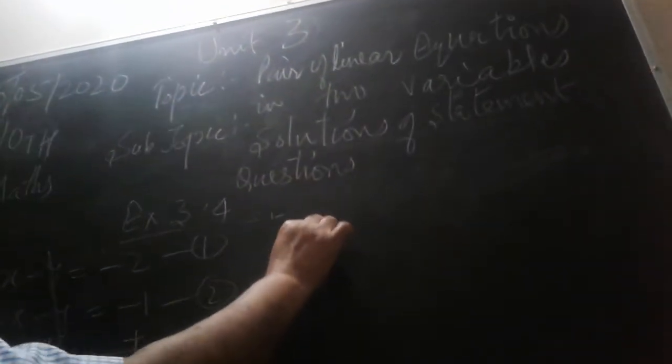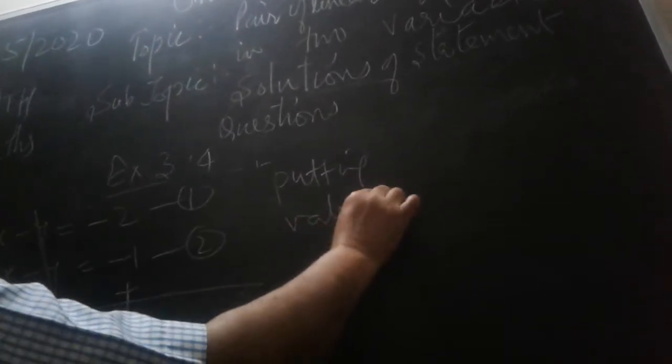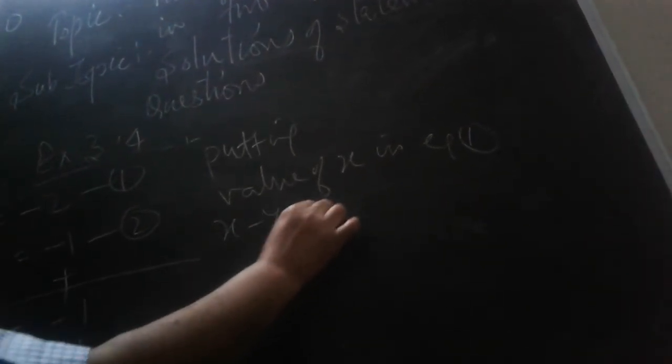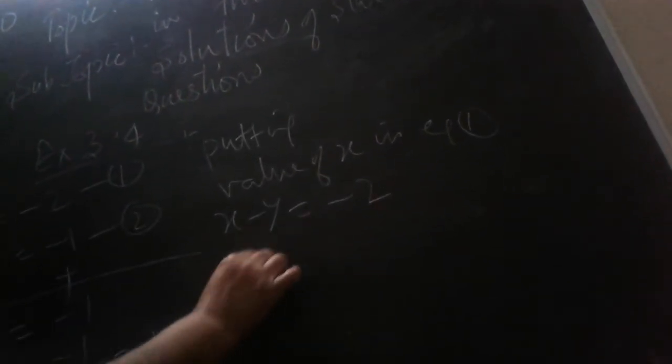Now we put the value of x in equation 1. We write equation 1: x minus y is equal to minus 2. 1 minus y is equal to minus 2.